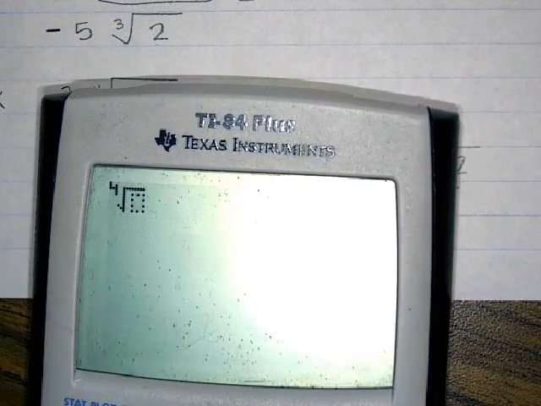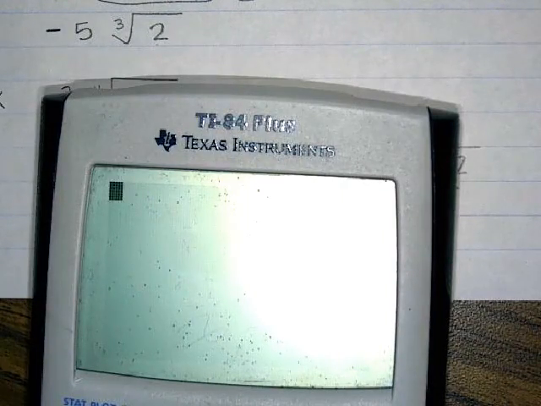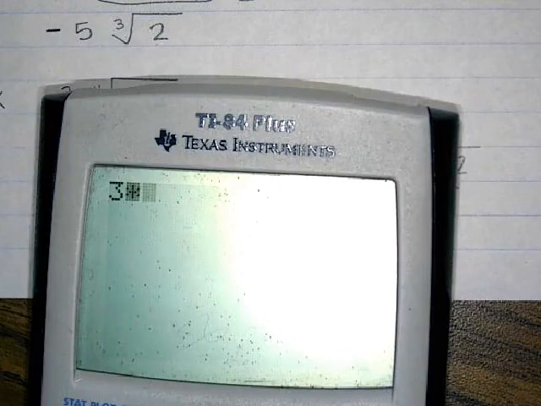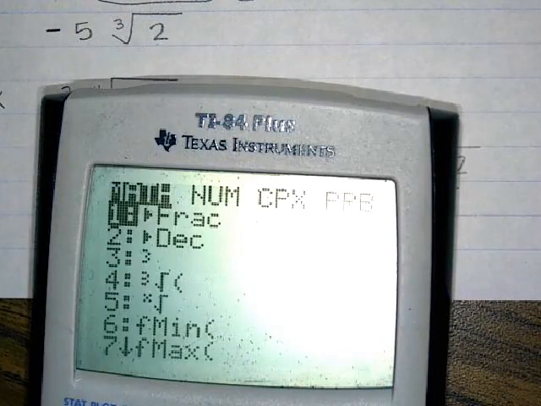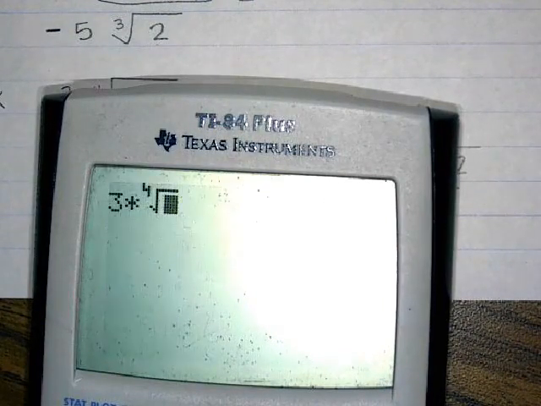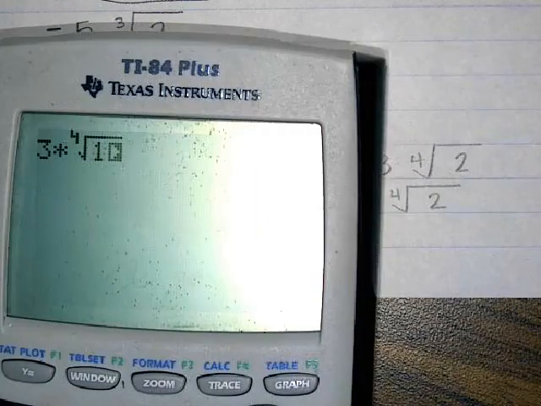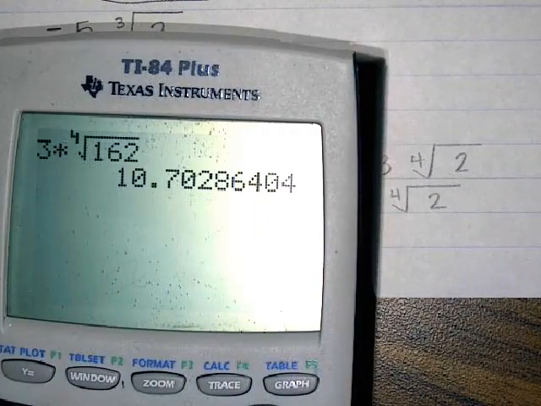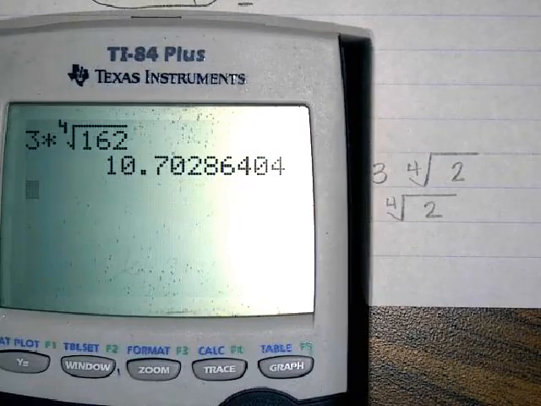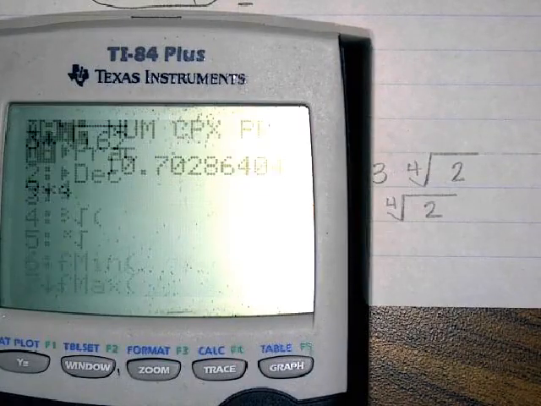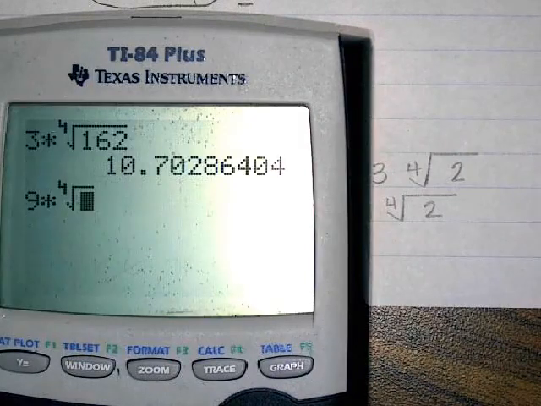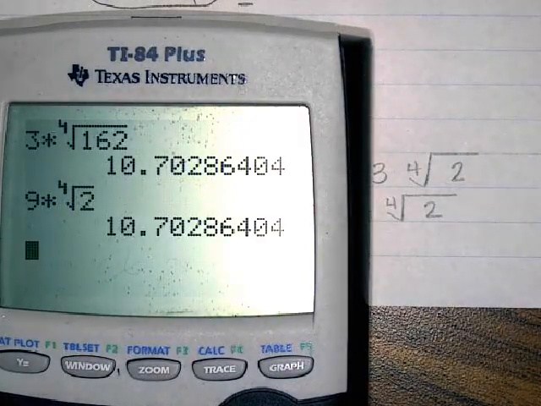So if we want to do a coefficient times the 4th root, we're going to do 3 times and then hit the 4. Okay, so 3 times the 4th root of 162 is that decimal. And then if we want to do 9 times the 4th root of 2, same decimal. So we know that we got a simplified version.